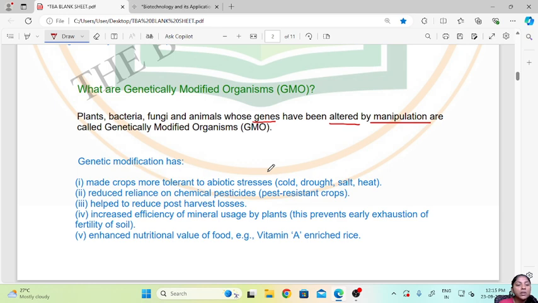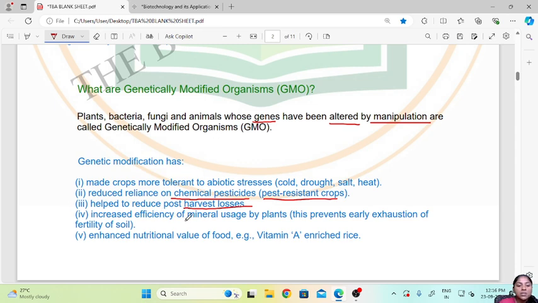It has also reduced the reliance on chemical pesticides because pest resistant crops are being produced, so we need to use less and less chemical pesticides. Then it has helped to reduce post-harvest losses.